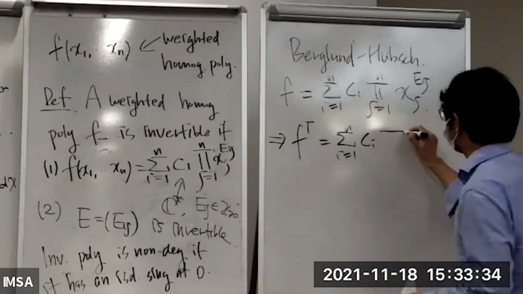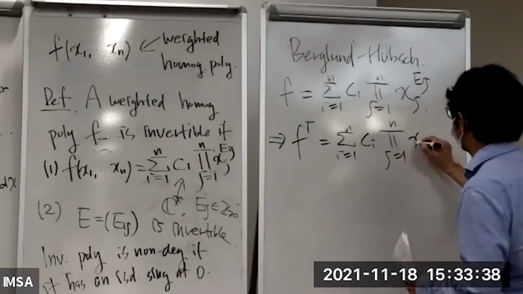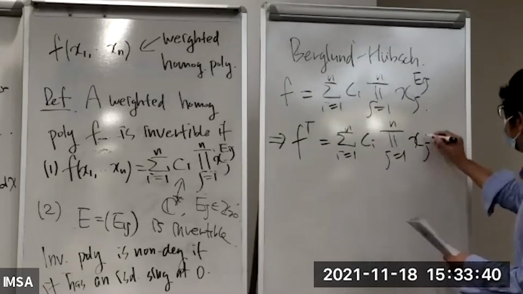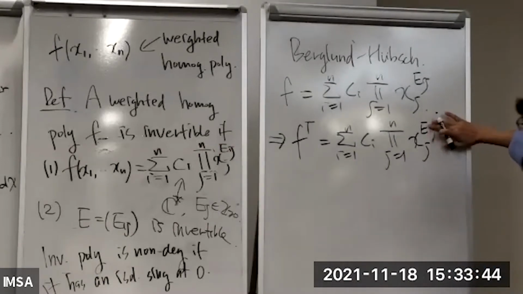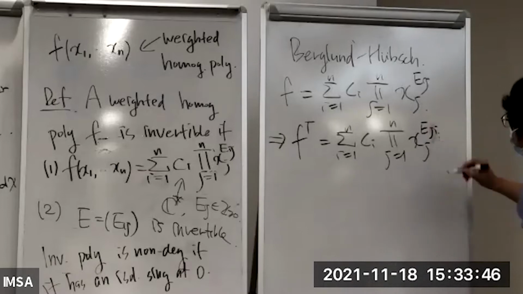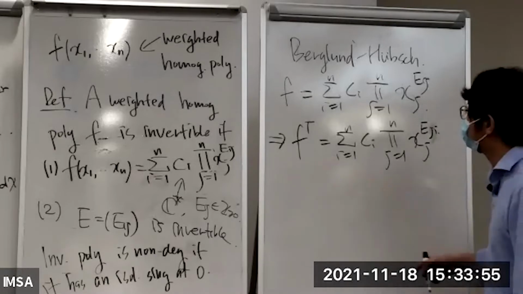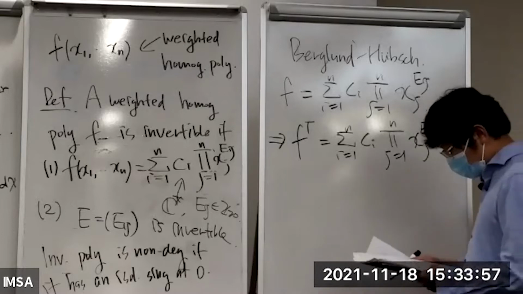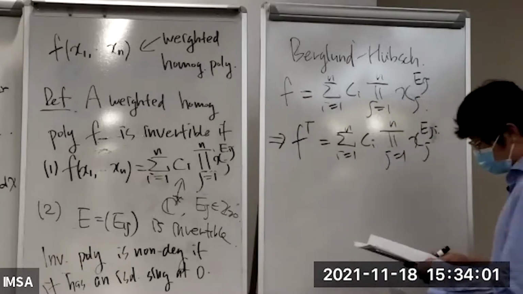Just simple. I take the same monomials, but now I take the transpose of the matrix. So if I consider the same type of polynomial with the transpose matrix, this is the transpose polynomial. And there is some group action acting on this case.